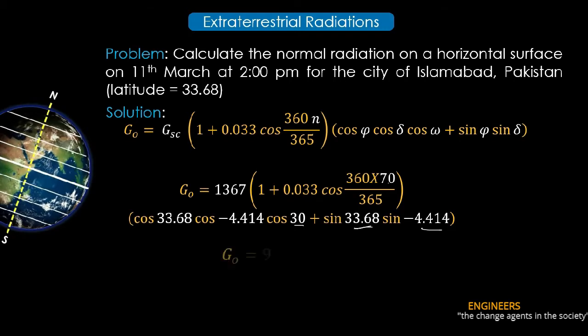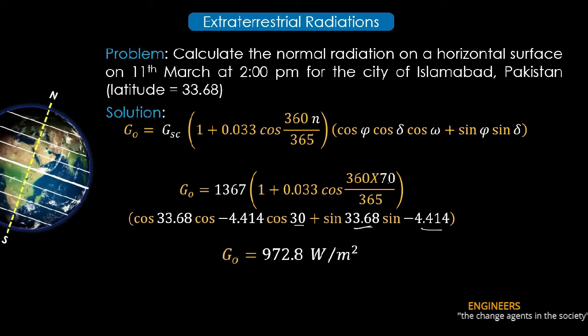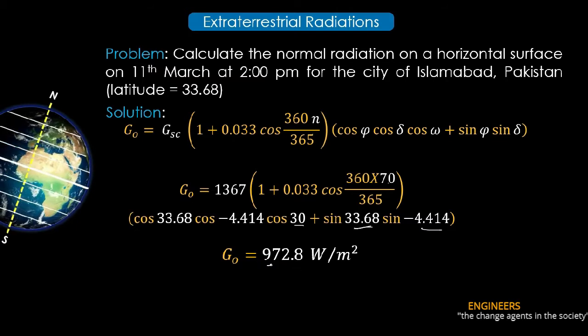After computing, we get the irradiance on 11th March at 2 p.m. in Islamabad to be 972.8 watt per meter square.